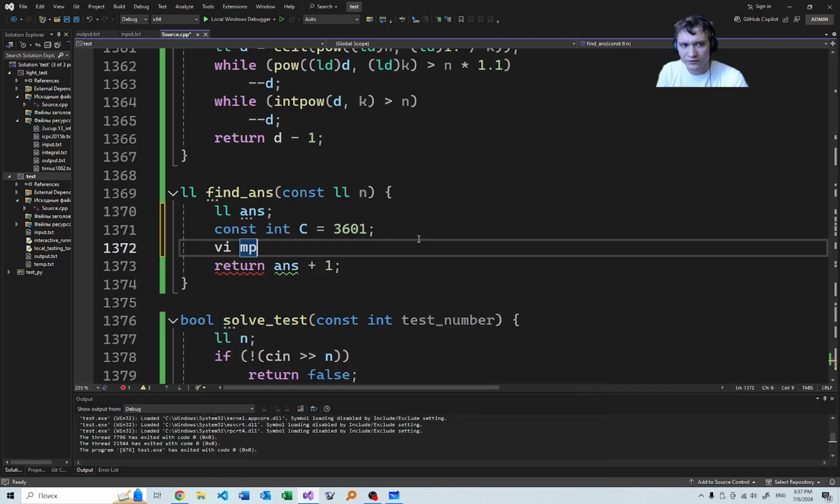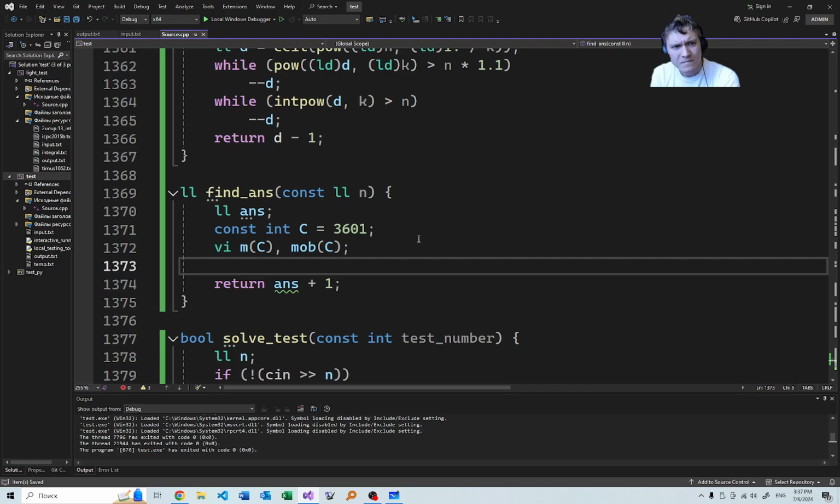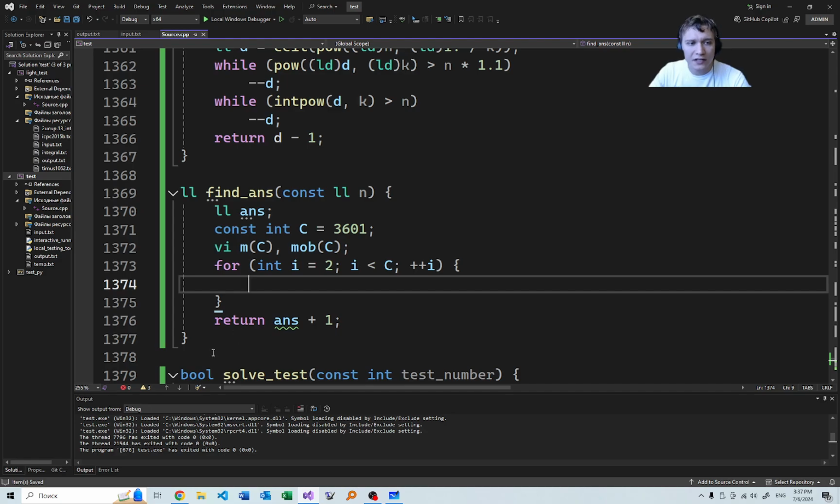So minimum prime of size C and Möbius function also of size C. Okay, let's go. So we need to write an Eratosthenes sieve.